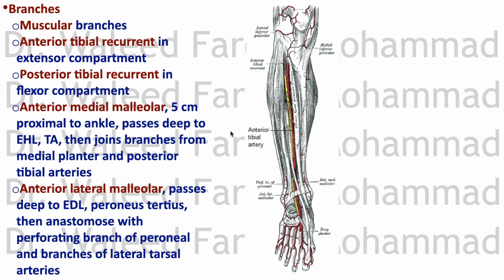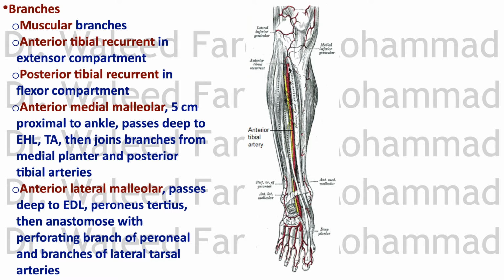Branches of the anterior tibial give, of course, muscular branches, and give the anterior tibial recurrent back to the genicular anastomosis. Remember the anastomosis around the knee joint. It gives also the posterior tibial recurrent, but please pay attention. The anterior tibial recurrent, I was asked about this in a multiple choice question.